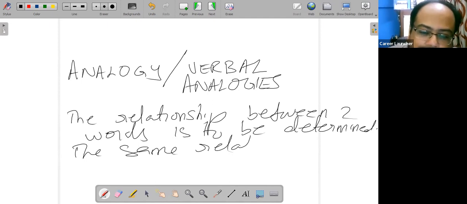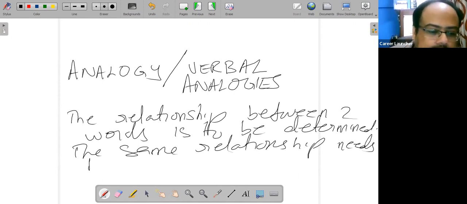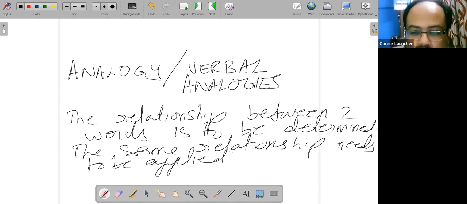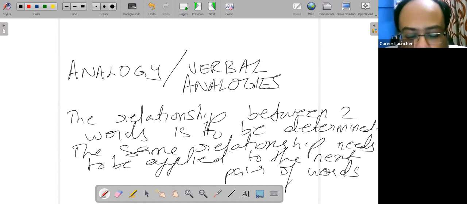The same relationship needs to be applied to the next pair of words. That is the concept of analogy questions or verbal analogies.